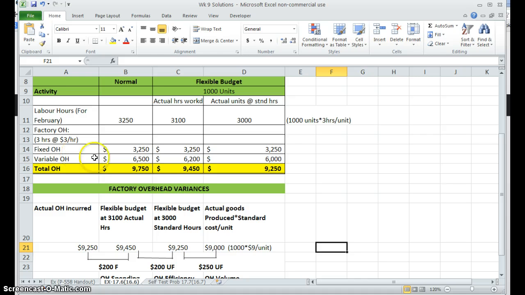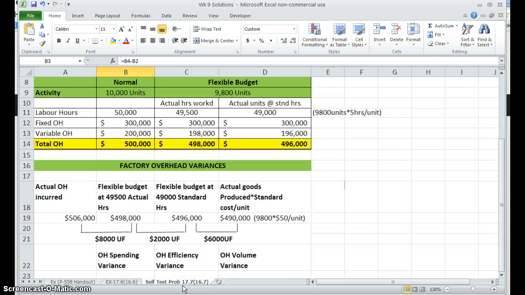It's also given that the budgeted labor hours is 39,000 hours, and the next line says it takes 3 direct labor hours to make 1 unit. So what that means is there are 13,000 units. So 117,000 factory overhead, both fixed and variable. Remember, for the whole year I'm talking about 117,000 and 13,000 units. What that means is $9 per unit.